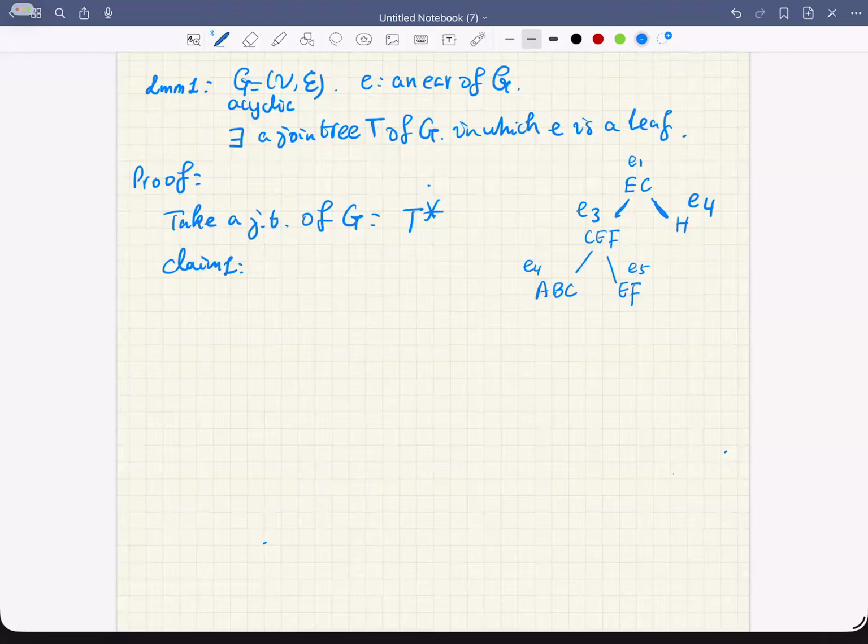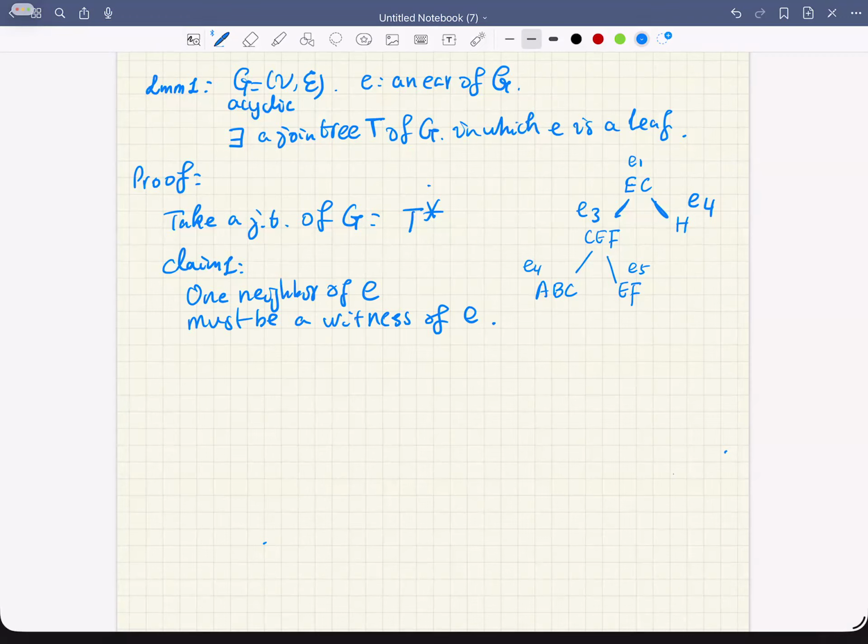Okay, so this is the first claim. Okay, one neighbor of E must be a witness of E. Okay, all right. So let's prove it. Okay, so this is not too difficult to prove once you know what to prove.